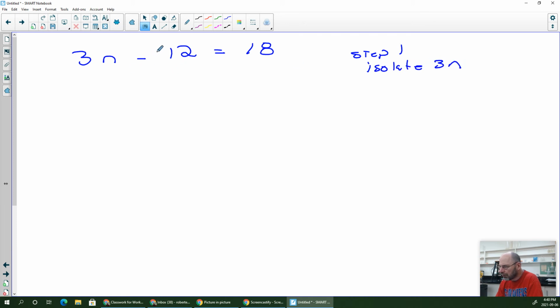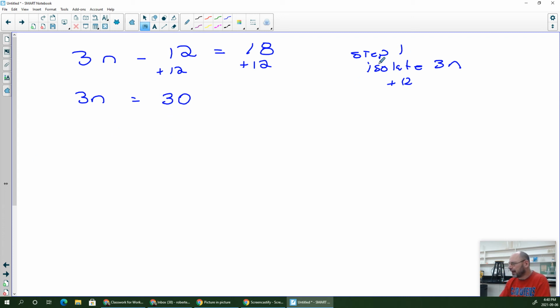So how do we do that? Well, the opposite of minus 12 is plus 12. So we're going to plus 12 to both sides. So we're adding 12. So this stays there. Minus 12 plus 12, that's going to become a 0, so that's gone. But 18 plus 12, you have to do that on your calculator, and you get 30.